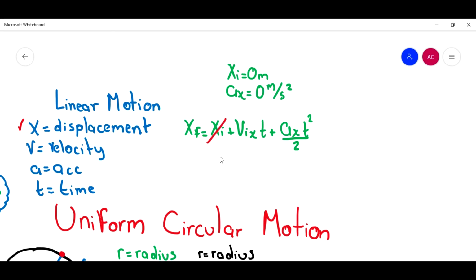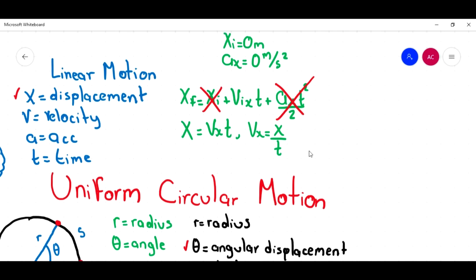So I can cancel the initial position and the acceleration term, and finally I get this formula: position equals velocity in x multiplied by the time. Remember that I dropped the f because with this equation I can find the position at any given time. If I want to isolate velocity, velocity in x equals the distance divided by the time.